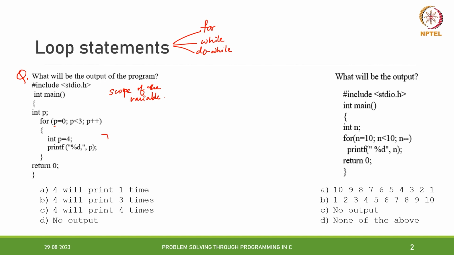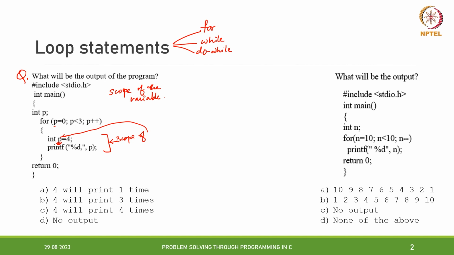So inside the for loop, this p definition is valid. That means this is the scope of this p variable, these two lines. This is where the scope of this particular p variable applies, that is just within the loop for this particular iteration.